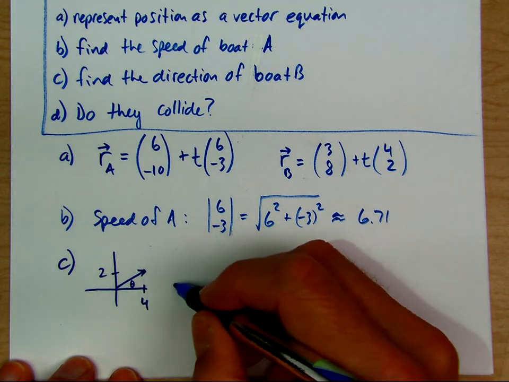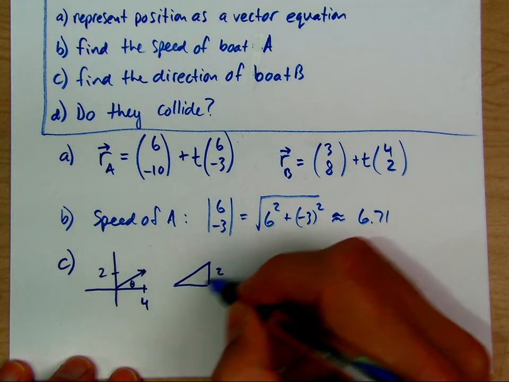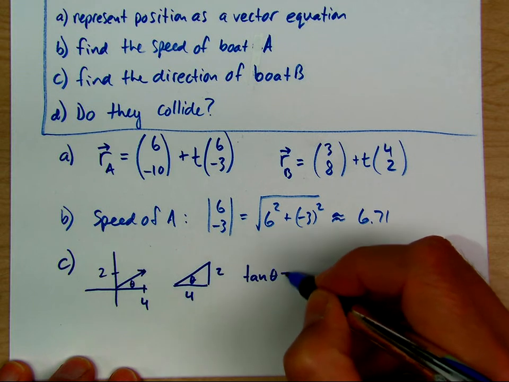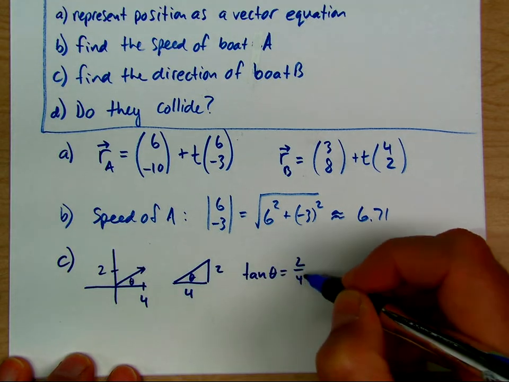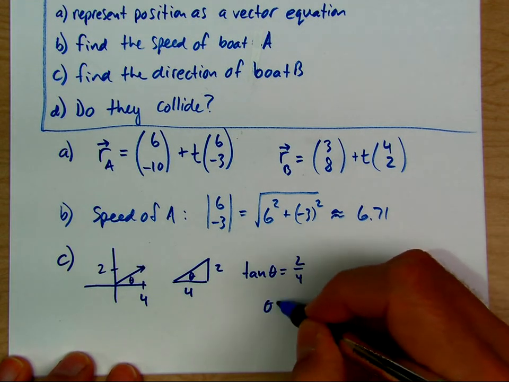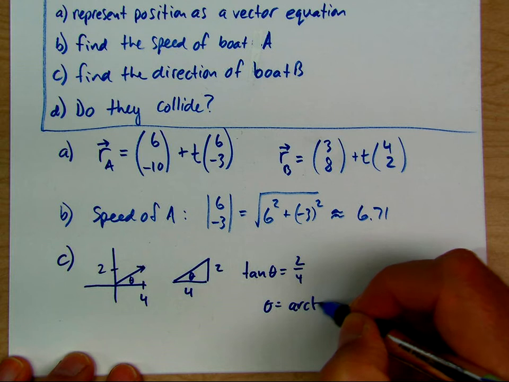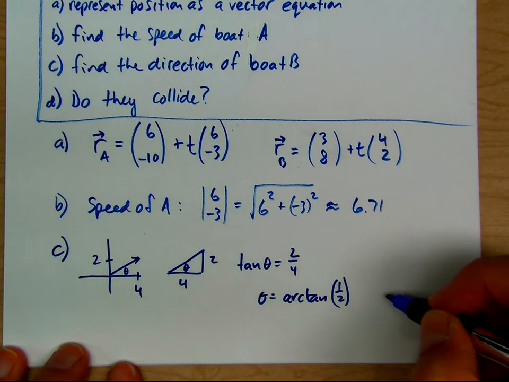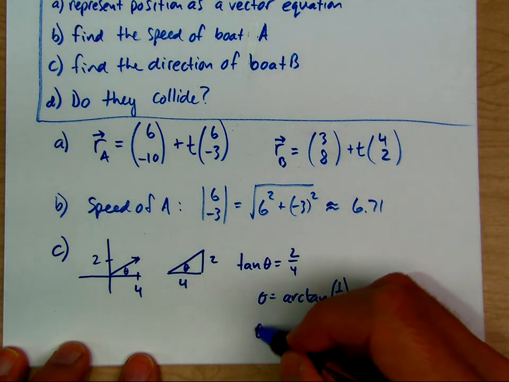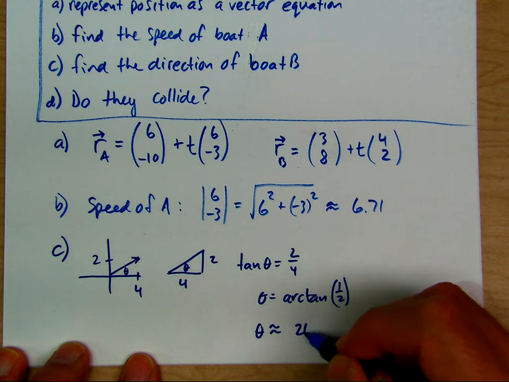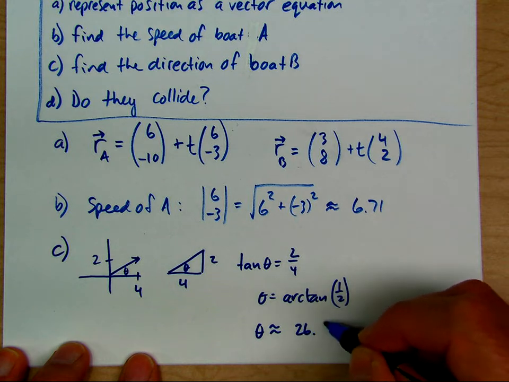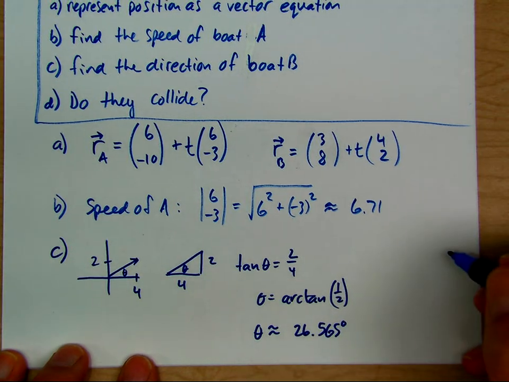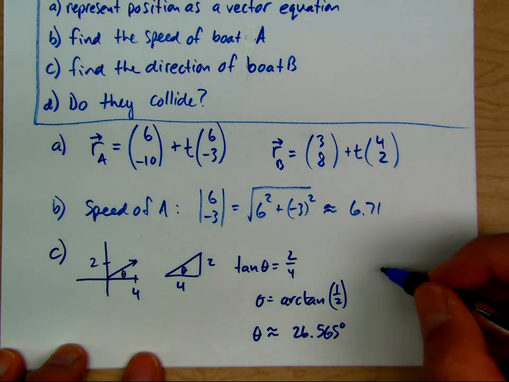So if we look at this triangle, 2, 4, theta, we know that tan theta is 2 over 4, and we could just do arctan of 1/2, and that is 26.565 approximately, and then we have to describe that in terms of a bearing.